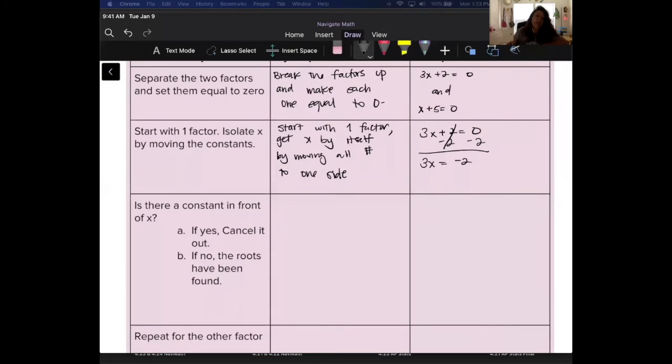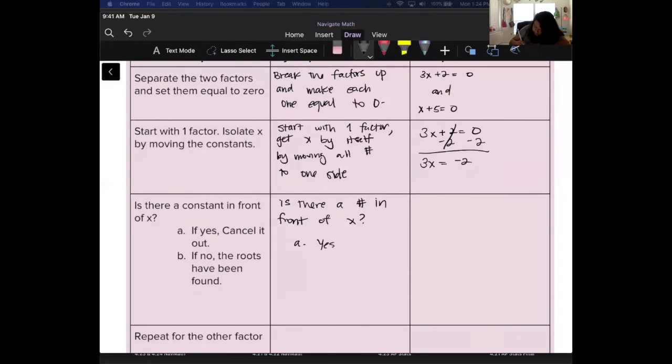Now, the next step is asking a question. Is there a constant in front of the x? If yes, cancel it out. If no, the roots have been found. To put this into my own words, I'm going to say: Is there a number in front of x?